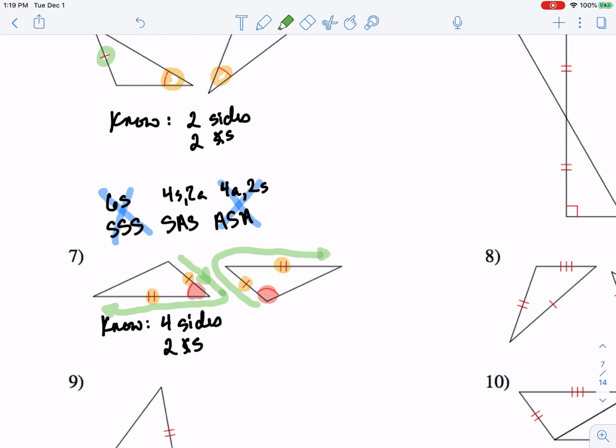When I do that, my angle with 1 mark is trapped between the 2 sides that are marked.